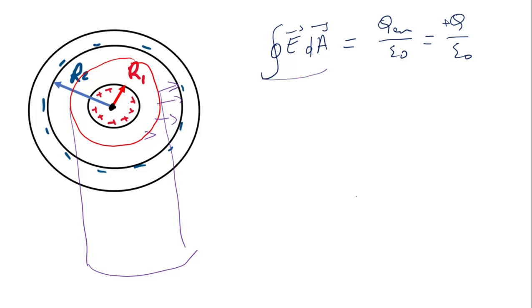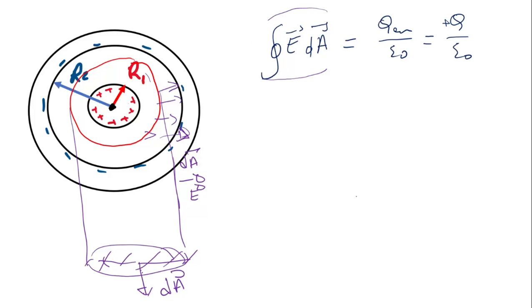For the electric flux, we have three areas: the two bases and the lateral area. The dA and the electric field are perpendicular on the bases. The only area left is the lateral area, where dA and the electric field are in the same direction. So all this flux is produced by the lateral area.